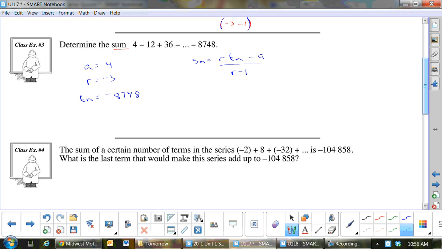So Sn equals negative 3 times negative 8748, I'm going to minus 4, and I'm going to put that all over negative 3 minus 1. Make sure I have a set of brackets there and a set of brackets there.